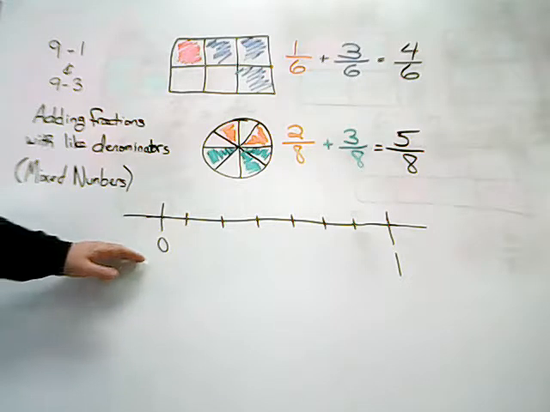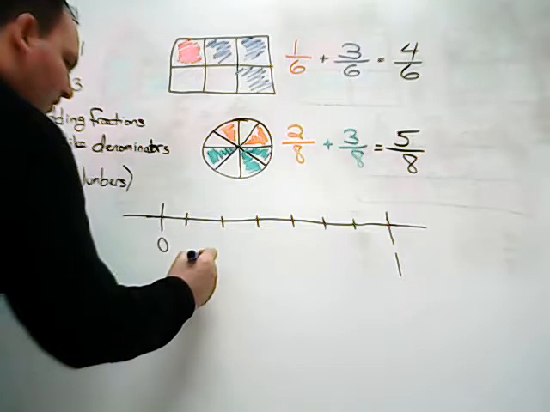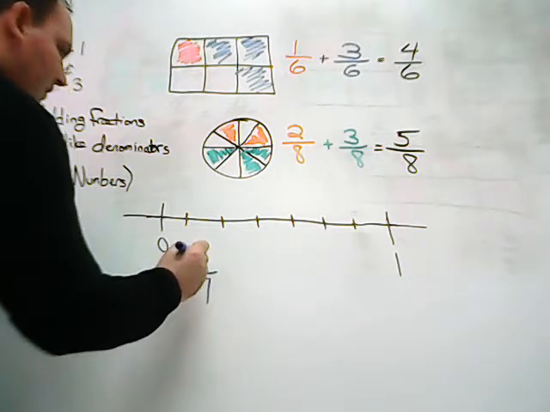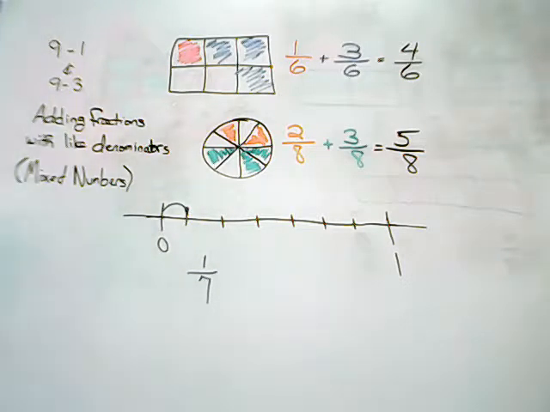The last one I'm going to illustrate using a number line. My number line is broken into 7 equal pieces. And I'm going to start with 1/7. So that will be this right here. And to my 1/7, I'm going to add another 3/7.